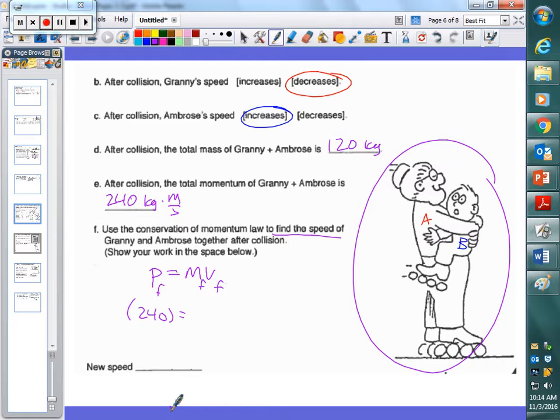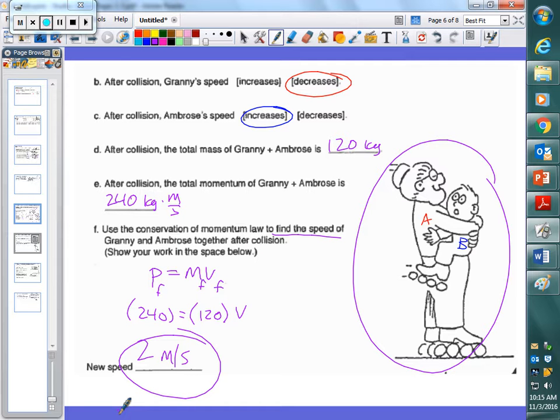Because Granny and Ambrose are together, their mass is 120, and the only thing we don't know in that equation is what their final velocity is. Does that make sense? So to get v by itself, what are we going to do? Divide both sides by 120, and that gives us a new speed of 2 meters per second. All right, good there? Okay.